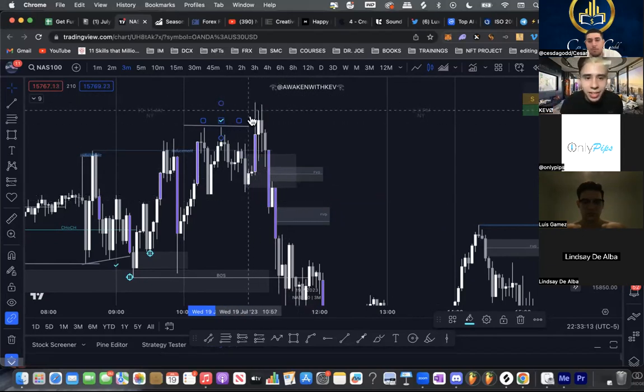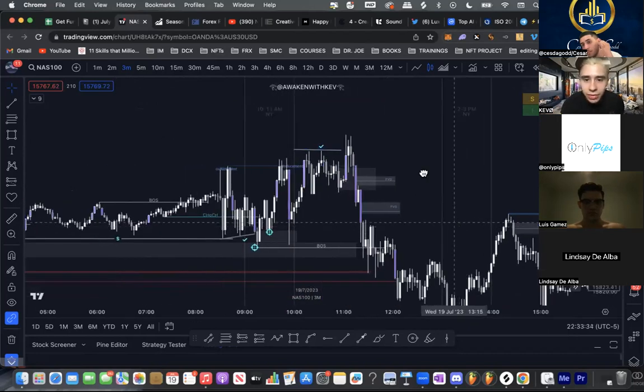So ideally, if you can get an entry here once we raided liquidity, that would be your headshot. And then once you get that nice aggressive move, that's where you can get that confirmation entry, whether it's based off this breaker candle or tagging this imbalance right there. And then ultimately this thing just started tanking right after, right?